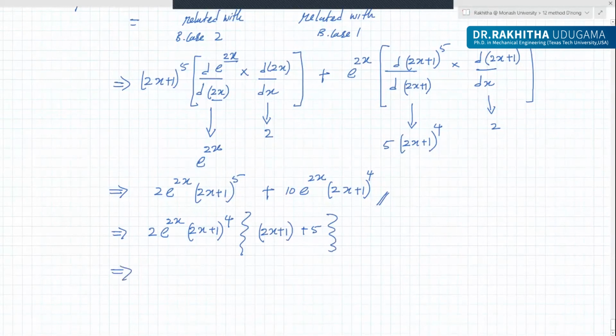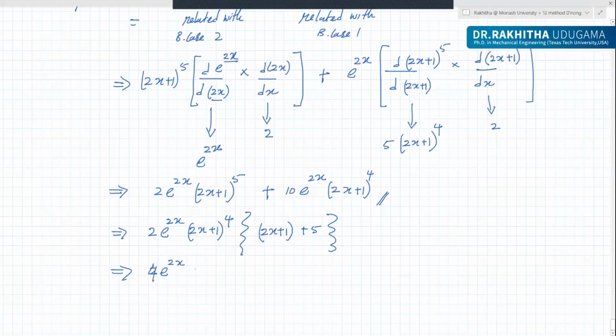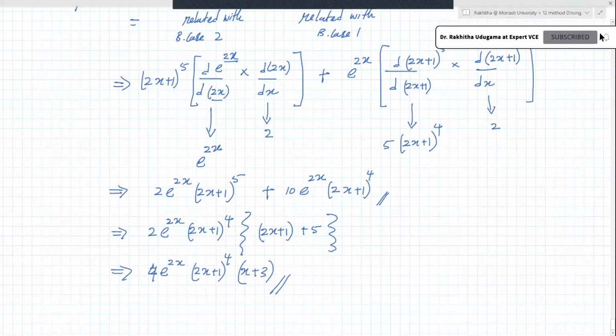So if you further simplify it, it's 2x plus 1 plus 5, it's going to be 2x plus 6. So it's going to be 2e^(2x), and this is 2x plus 6, right? I'm going to take 2 out. This is going to be 4, right? So (2x plus 1) to the power 4. So here you got 2x plus 6, so it's going to be x plus 3. Okay, so that's how you do that question.